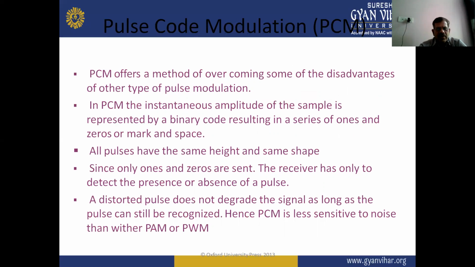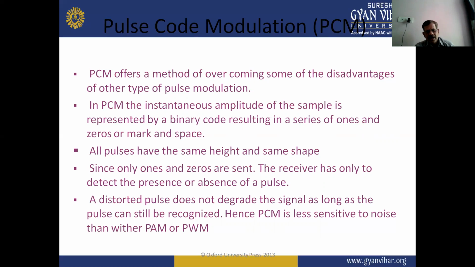PCM offers a method of overcoming some of the disadvantages of other types of pulse modulation. In PCM, the instantaneous amplitude of the sample is represented by a binary code, resulting in a series of ones and zeros, or mark and space. So all pulses have the same height and same shape.